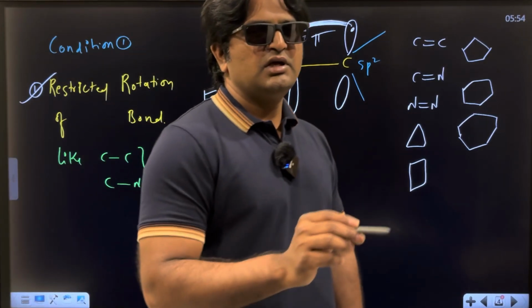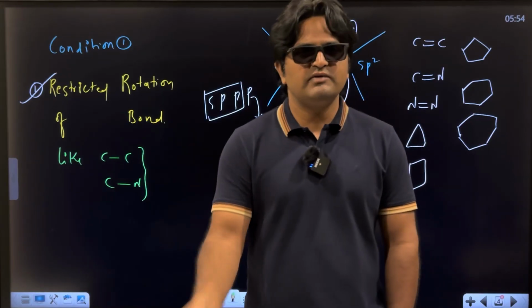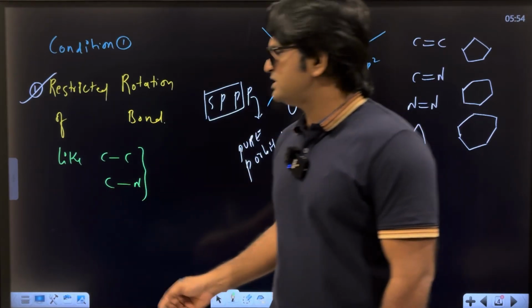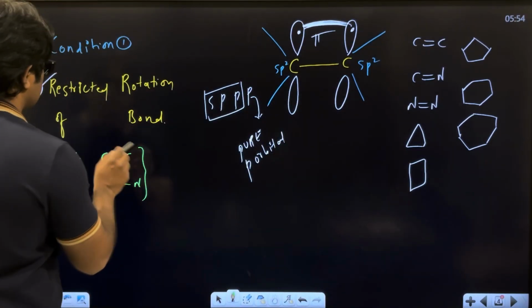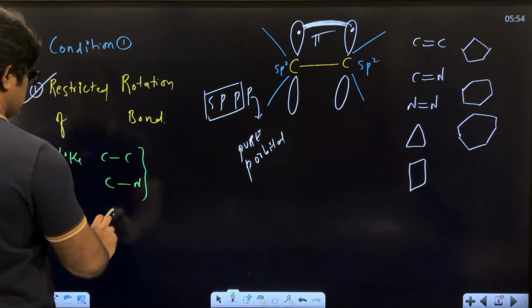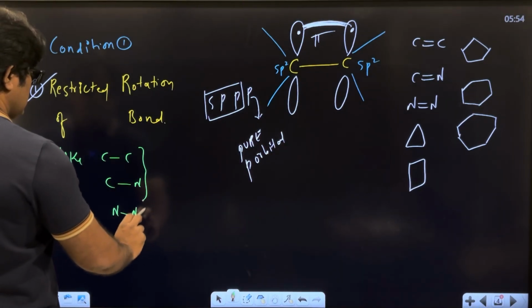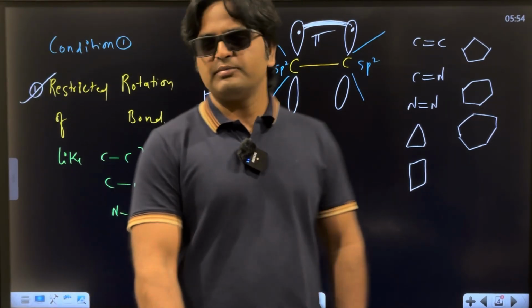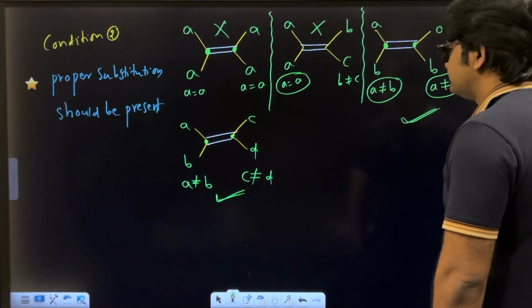Don't get confused. Why? Because we are using alkenes as well as oximes also. We can generalize like this: restricted rotation of a bond like C=C bond, C=N bond, and we can use the N=N bond also. Okay? Clear.